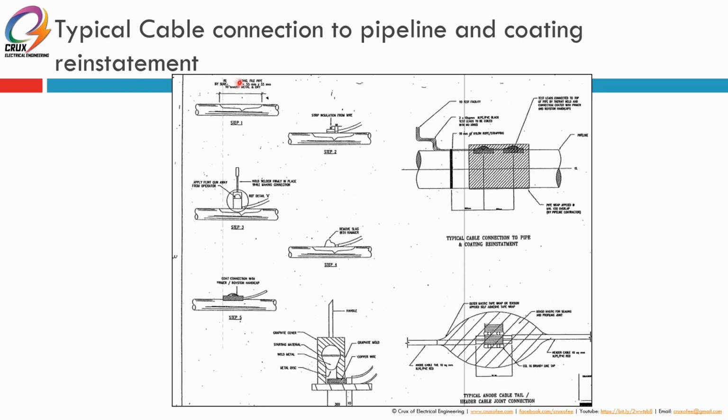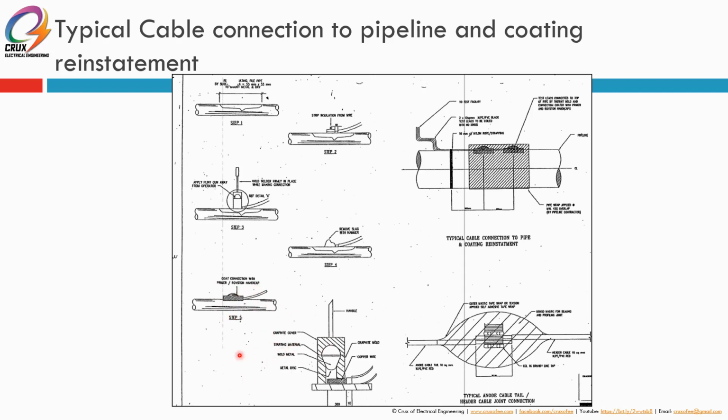So this is how we connect to the pipeline and do coating reinstatement. You will have to remove your coating, then strip the insulation from the wire, then put your thermo-well kit on top of the wire. Once you have performed the thermo-well process, remove the slag with a hammer to make it smoother. Then you coat with a primer, which is normally epoxy coating.